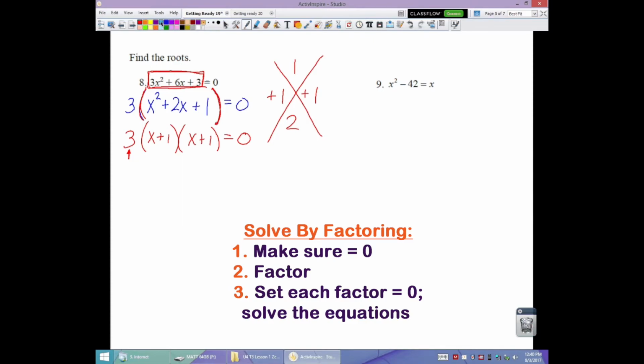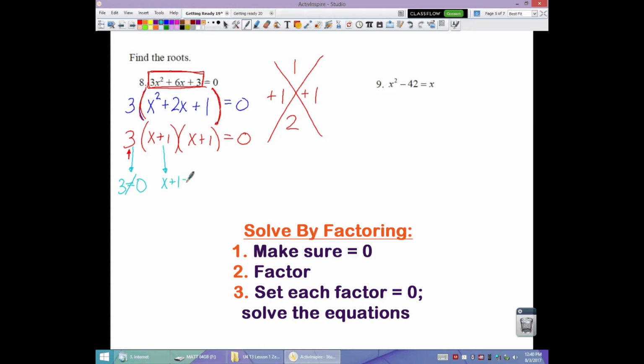But when we get to this step where we're using the zero product property and saying, okay, I have some stuff that's multiplied together and the product is 0. Well, that can only happen if one or more of those things, those quantities, is 0. Maybe 3 equals 0. Well, we can't make 3 equal 0. So that's why we get to just kind of not let it affect us.